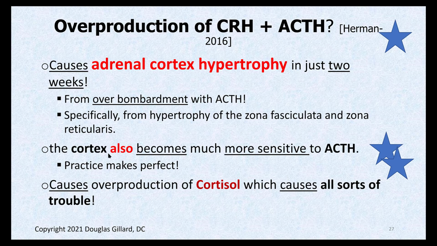The adrenal cortex also becomes more sensitive to ACTH as this goes around. If there's a lot of ACTH floating around and the adrenal cortex is binding it, it gets better and better at binding it, and pretty soon it binds it too easily, and that can drive the overproduction of the glucocorticoids as well.